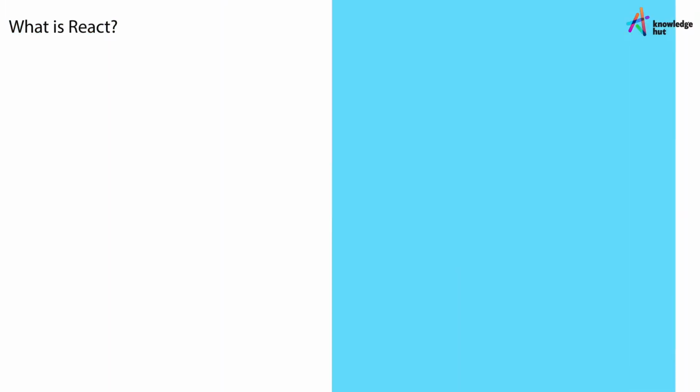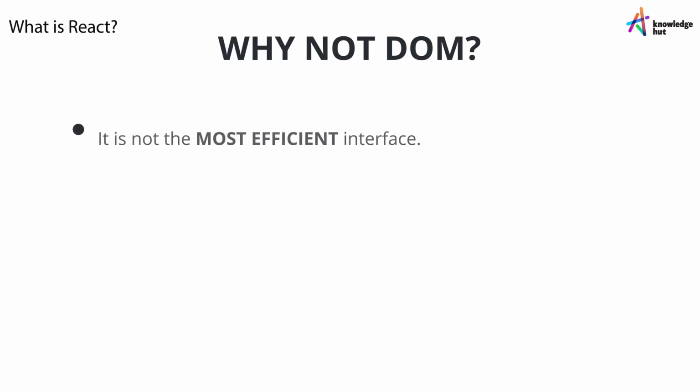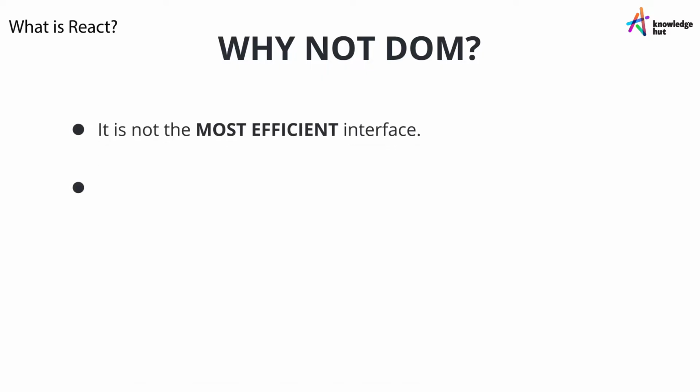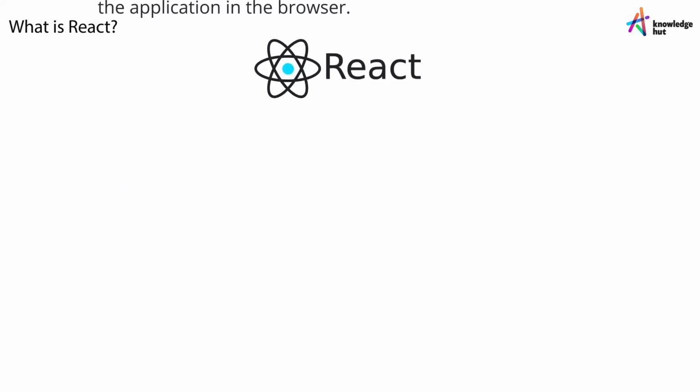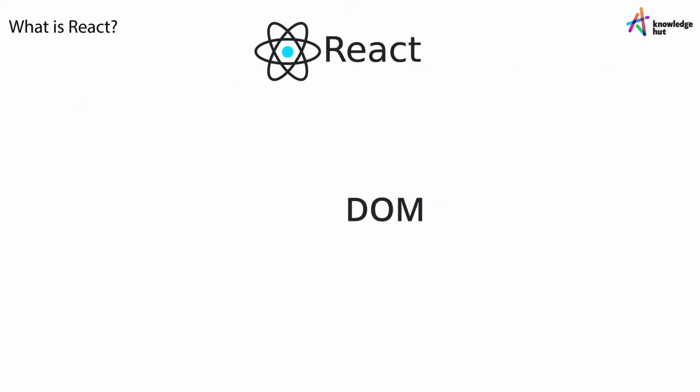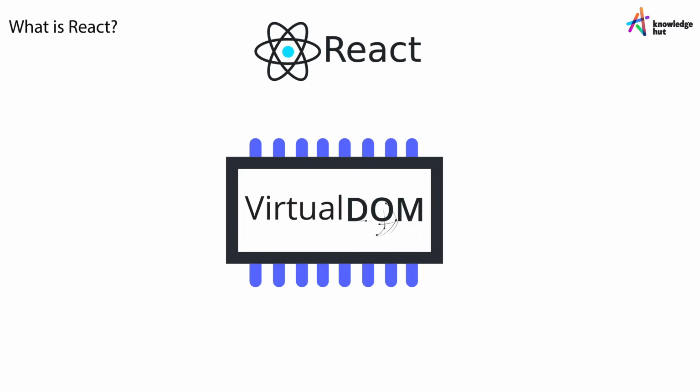The issue with the DOM is that it is not the most efficient interface, and a large number of simultaneous DOM operations are enough to slow down the application in the browser. This is where React comes into the picture. Instead of manipulating the DOM directly, React introduces a virtual DOM which creates an in-memory representation of the actual DOM structure.